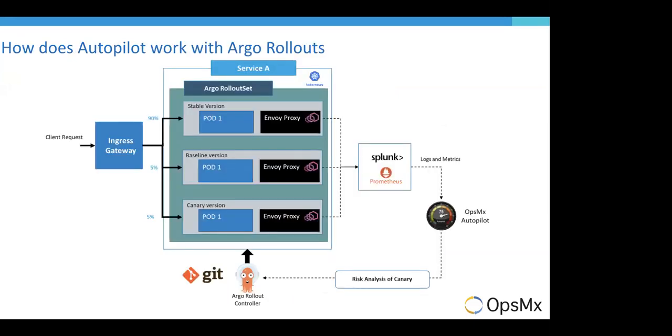So here is how Argo Rollouts work. You would have an ingress gateway, and when you start the canary deployment, it creates... So basically, before that, let me talk about canary deployments. There are two scenarios for the canary.